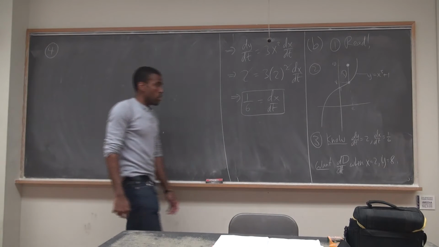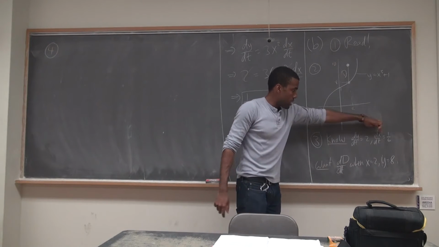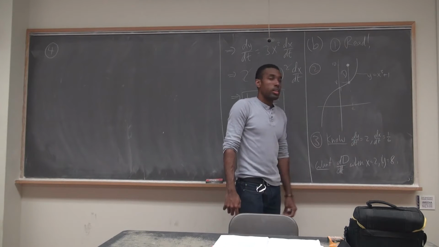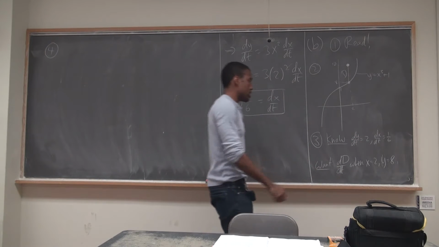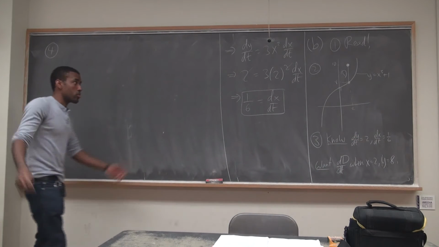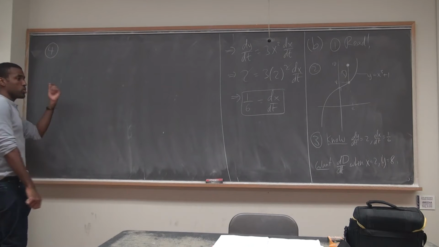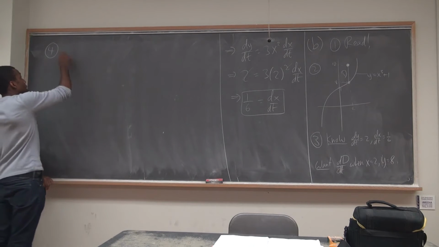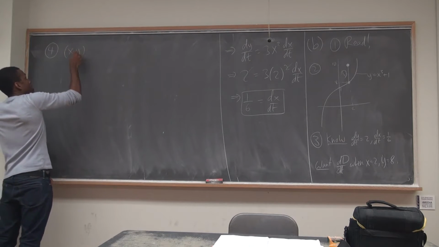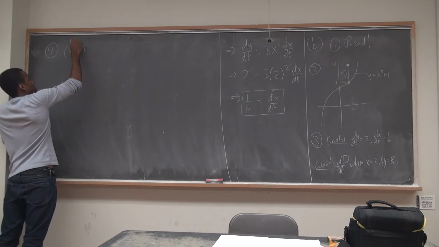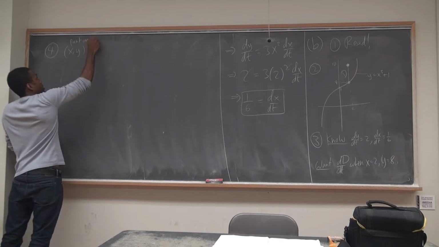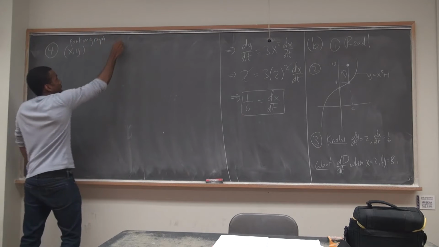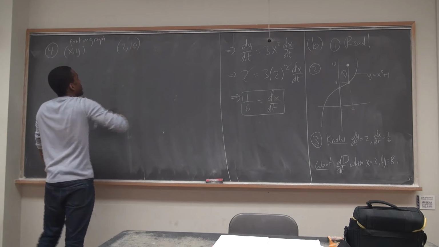Now we're in step 4. I need to relate all the variables that I see. I need to relate x to y to D. How would I relate x and y and D? Distance formula. What's the distance formula between 2 points? So let (x, y) be a point on the graph, and (2, 10) is the other point.